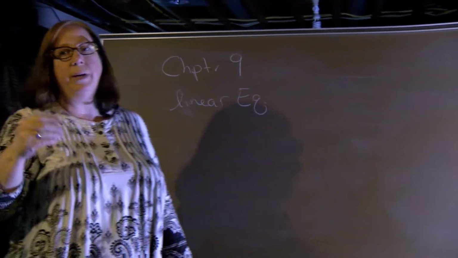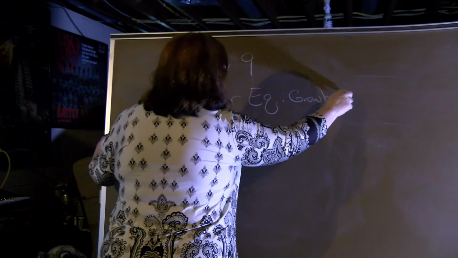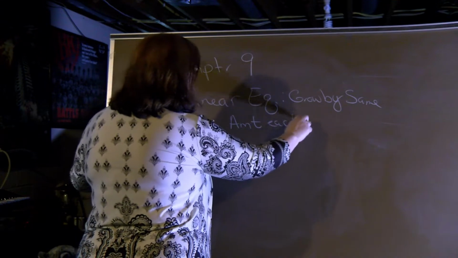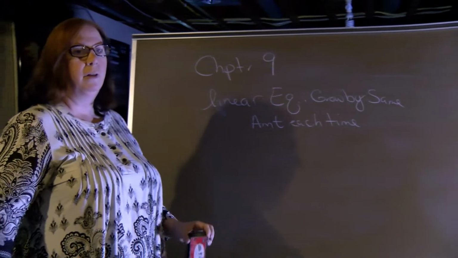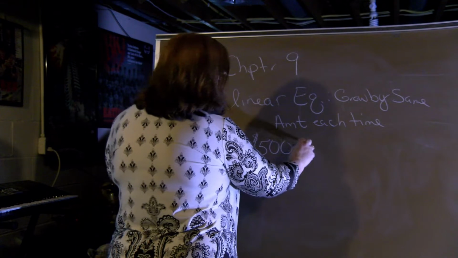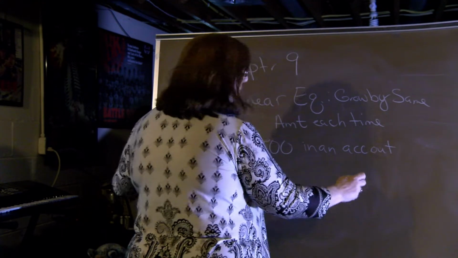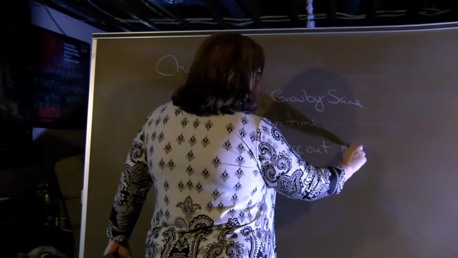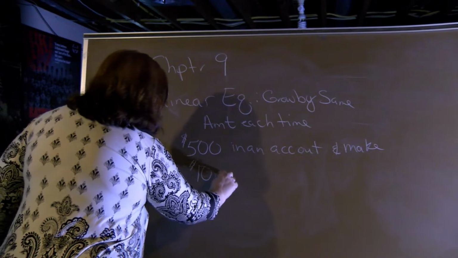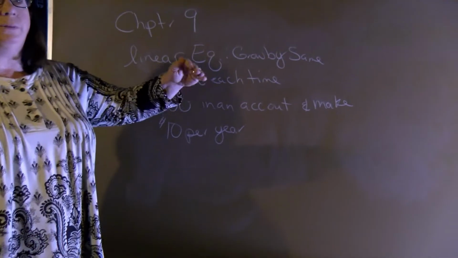Remember, linear equations grow by the same amount each time. So if you put $500 in an account and make $10 per year, you're making the same amount every year.